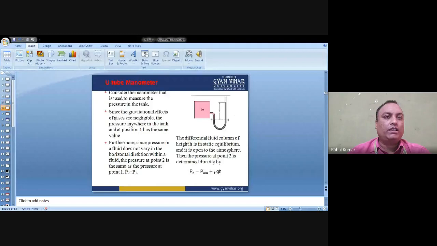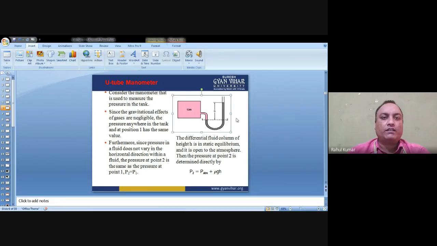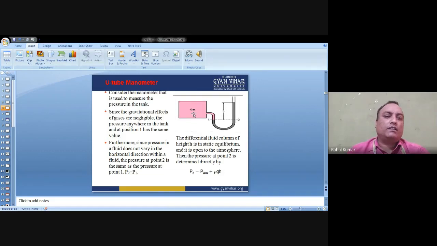Okay, then move to the U-tube manometer. Suppose this is a gas chamber. How to find the pressure inside this gas chamber?